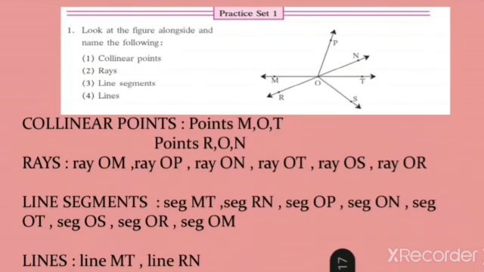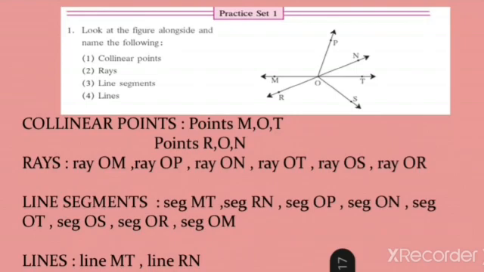Third, line segments. Segments have points at both the ends. So in the figure, we have segment MT, segment RN, segment OP, segment ON, segment OT, segment OS, segment OR and segment OM. You can write the short form of segment as seg, S-E-G.